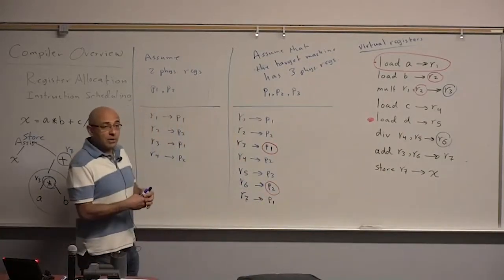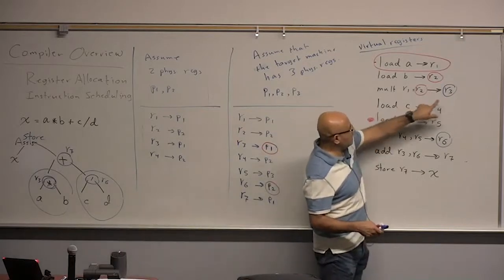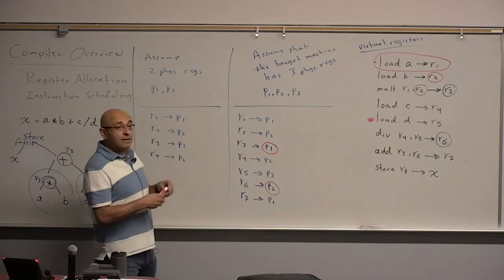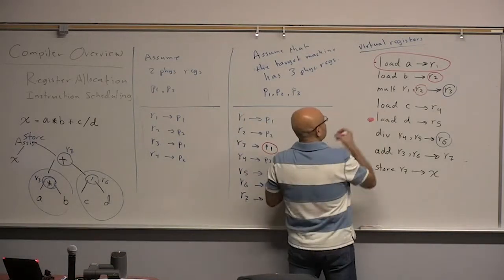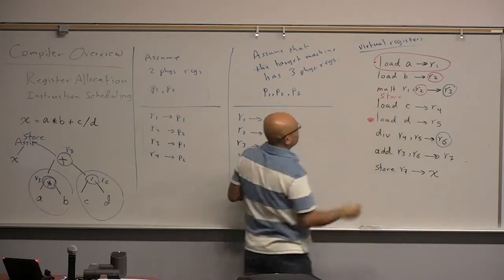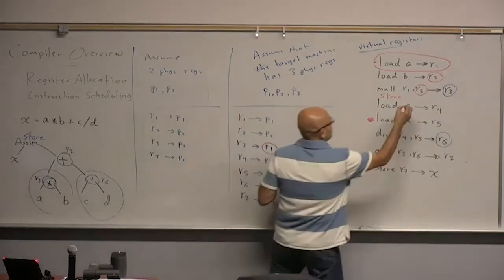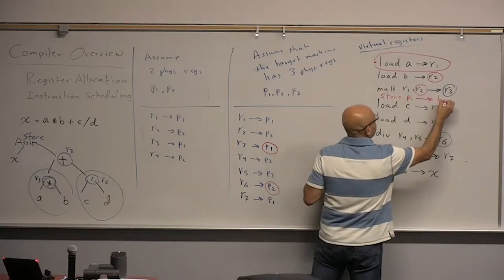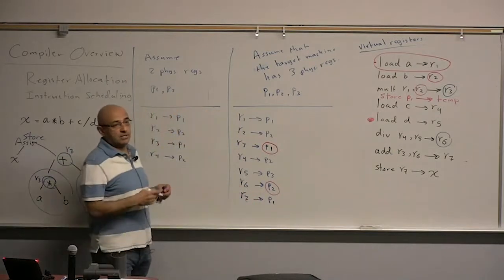So what we can do here is that we can store R3 in memory. The register allocator in this case would generate a store instruction: store R3, which is P1, into a temp. This temp stands for a temporary memory location.